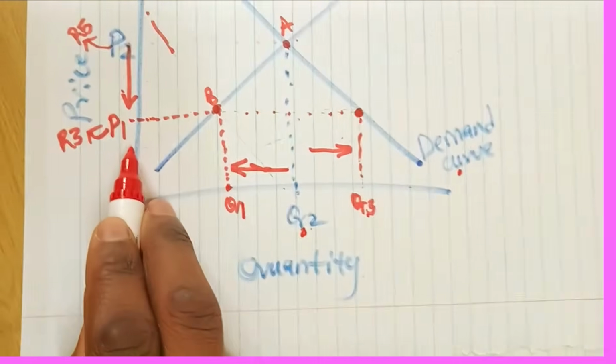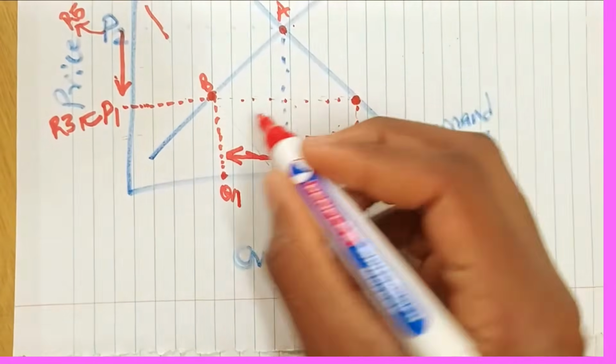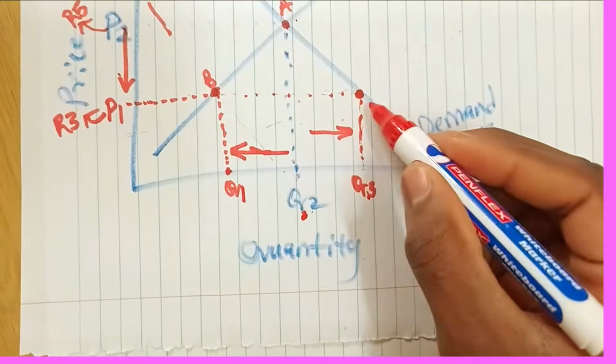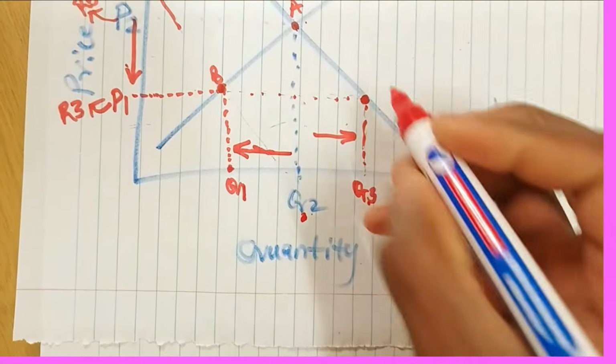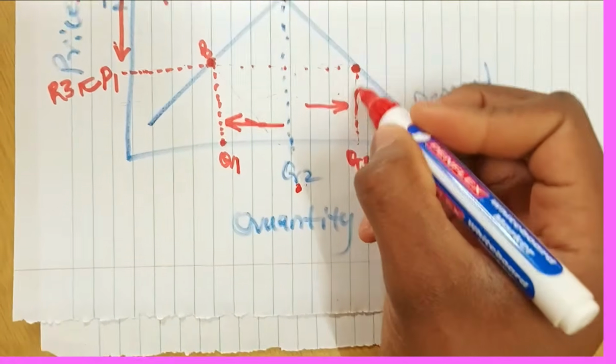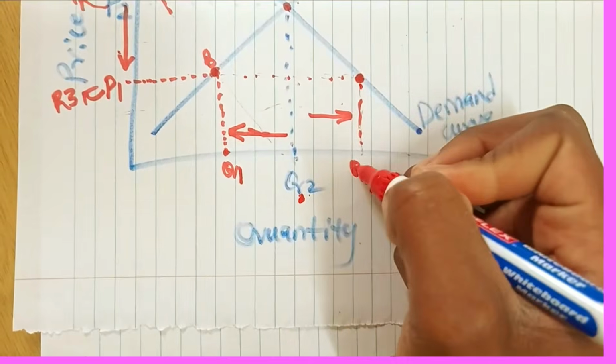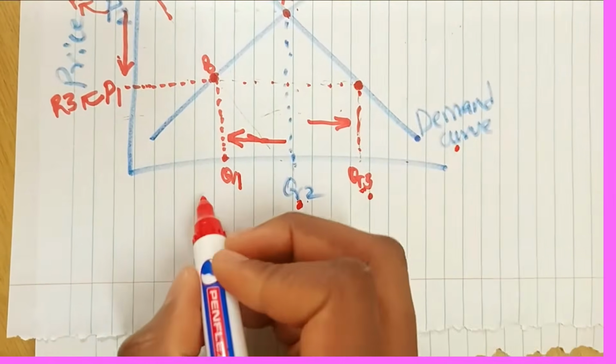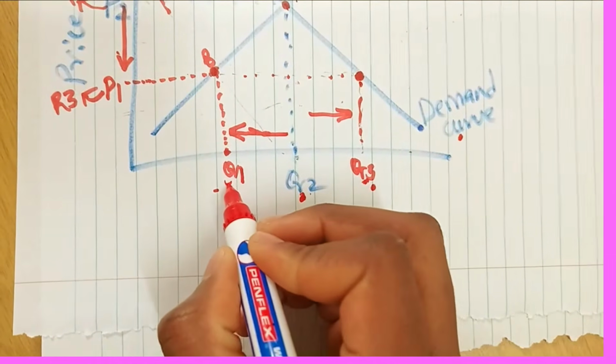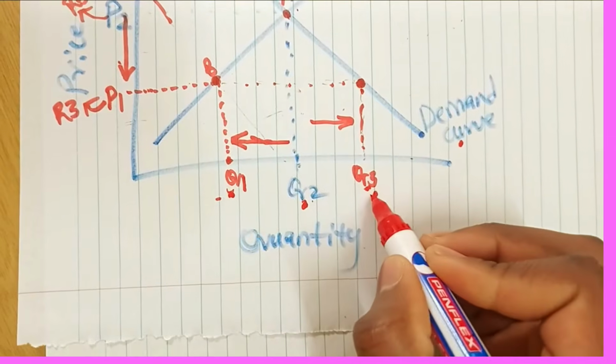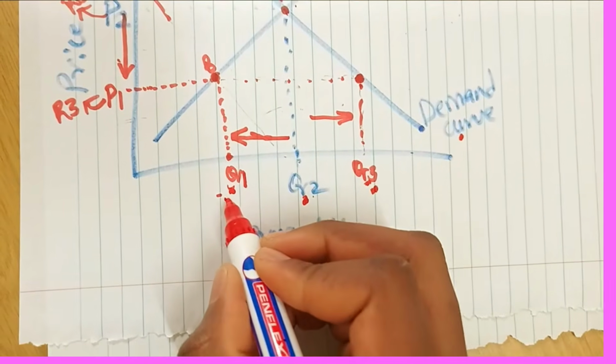Now the price has decreased, we are on P1. The quantity demanded is on Q3. So you can see already now the amount demanded is greater than the amount that is supplied. The quantity demanded is greater than the quantity supplied.